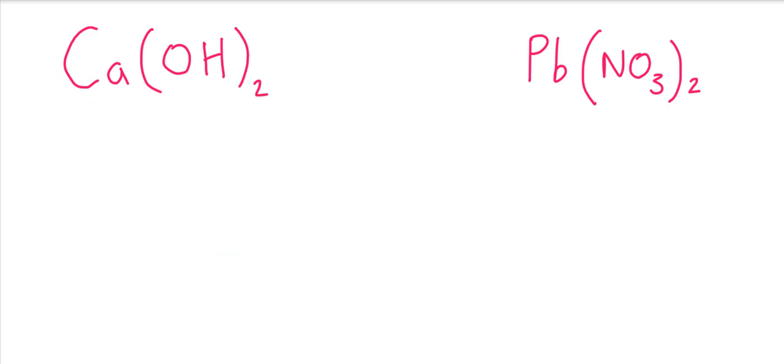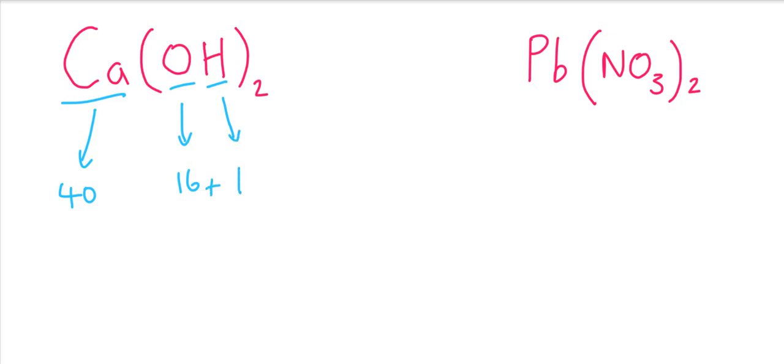Okay, if you look at these examples, when calculating relative formula mass, there's a bit of difficulty in these because we have brackets introduced. So first of all, we look at calcium. The relative atomic mass for calcium is 40. We know that oxygen's is 16 from our previous question, and we know that hydrogen is 1.